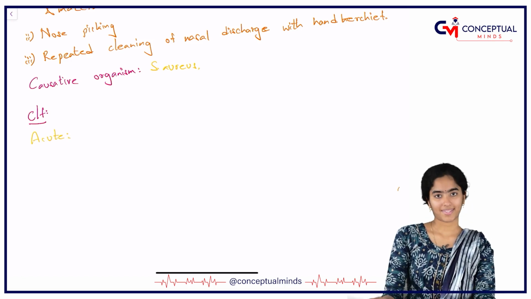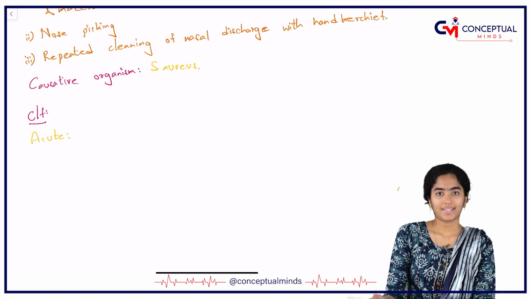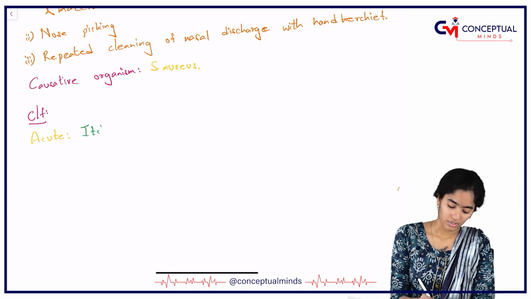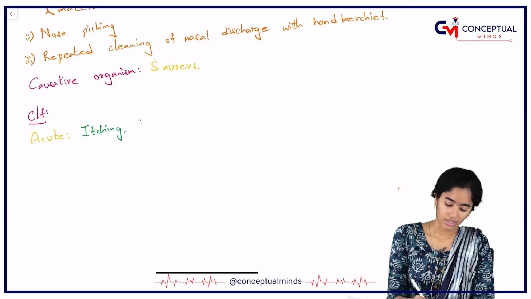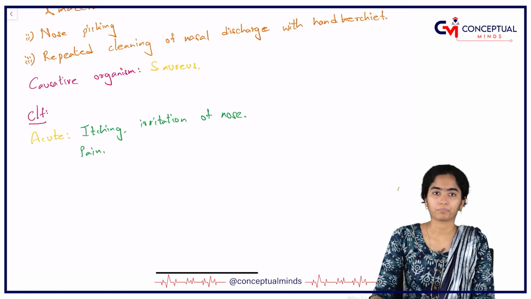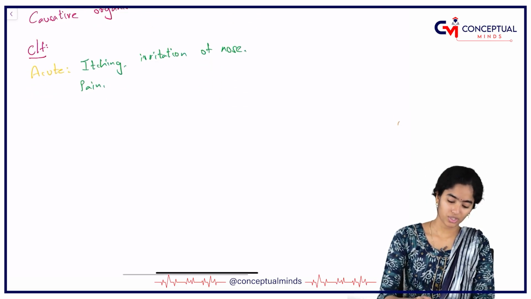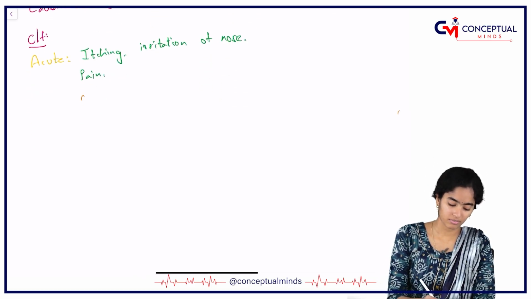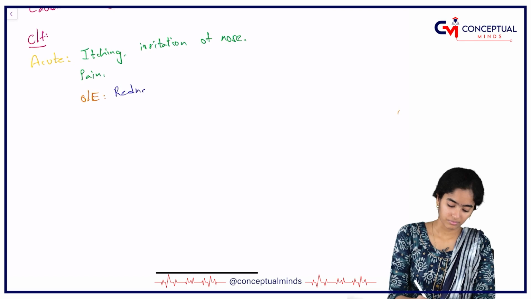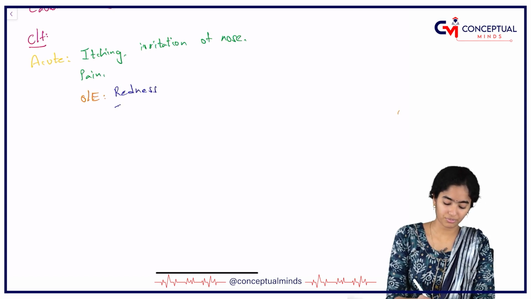In acute presentation, the patient will experience itching and irritation of the nose as well as pain in that area. On examination, what you will find is there will be redness. All signs of inflammation will be there.